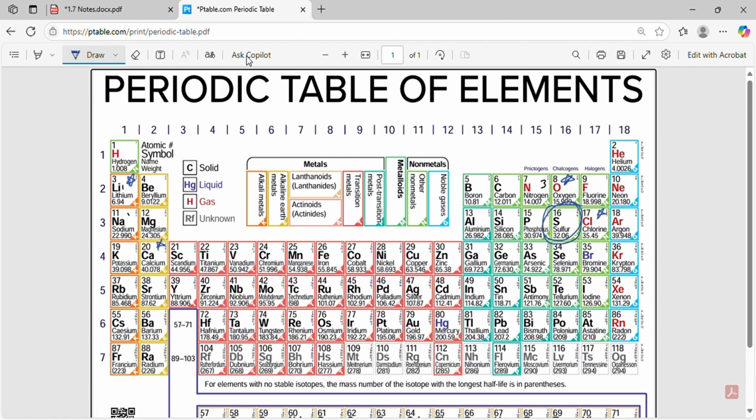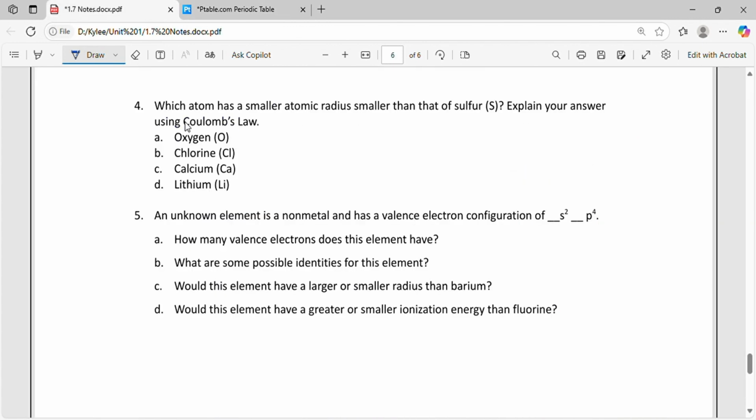So looking here, atomic radius gets bigger as you go down. So lithium and oxygen being only in the second energy level versus sulfur being in the third energy level, sulfur is automatically going to be bigger than lithium and oxygen because it has an additional energy level. So let's go ahead and record that one in. So which atom is smaller? Oxygen is smaller.